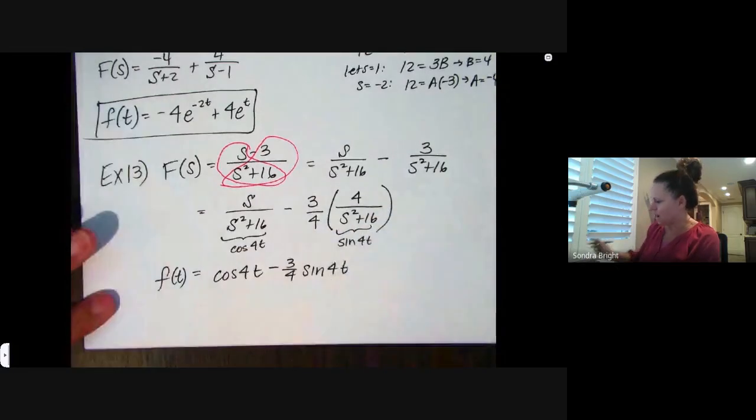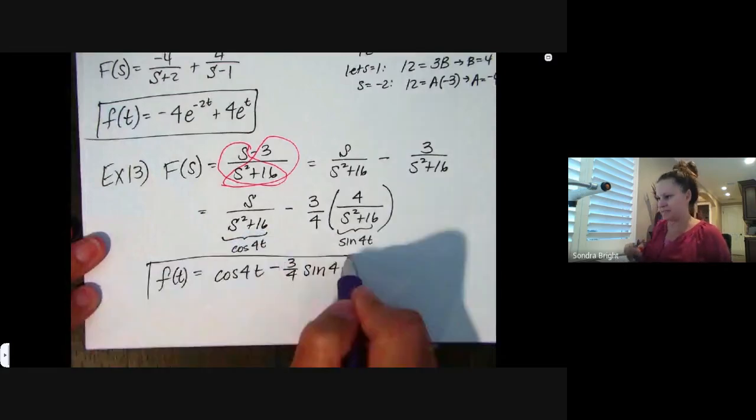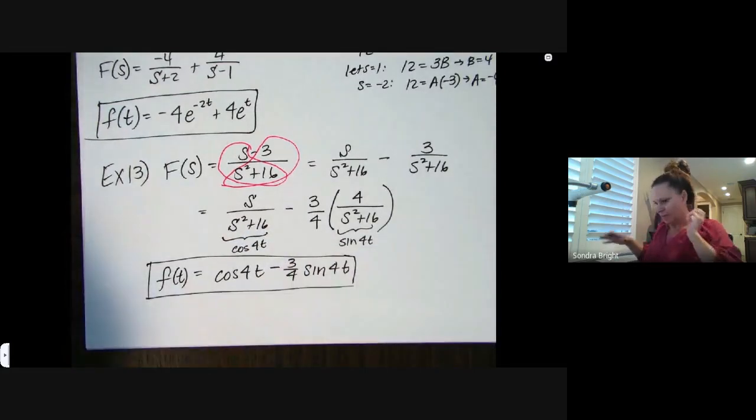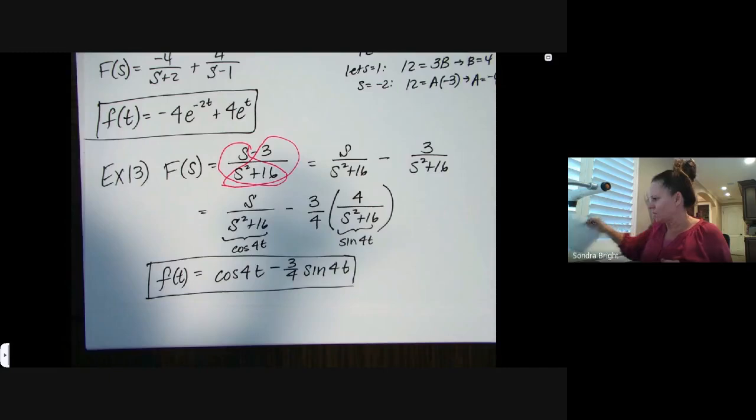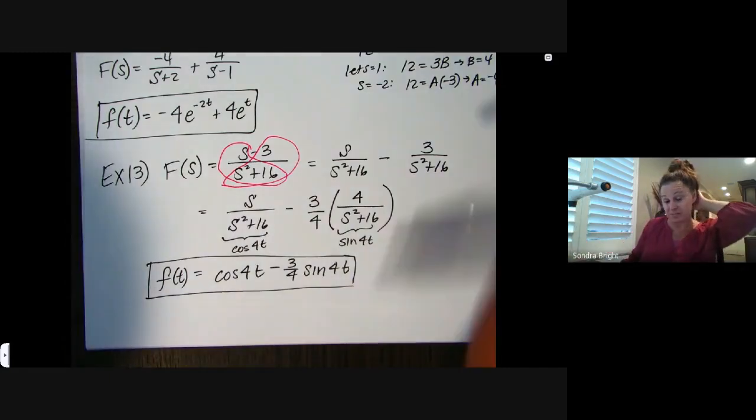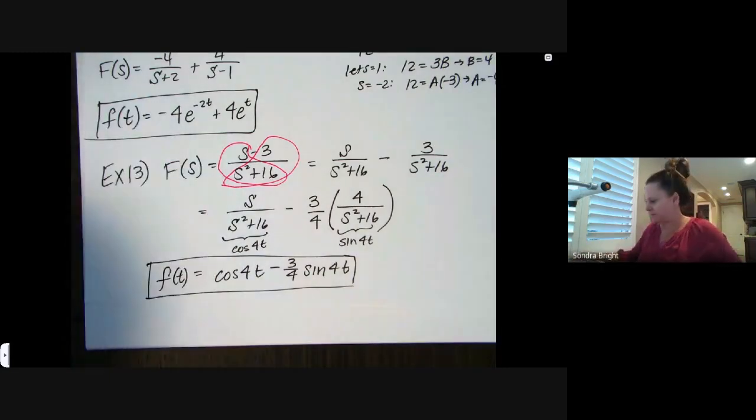Why are we doing all of this? Because we are going to solve some differential equations with it.